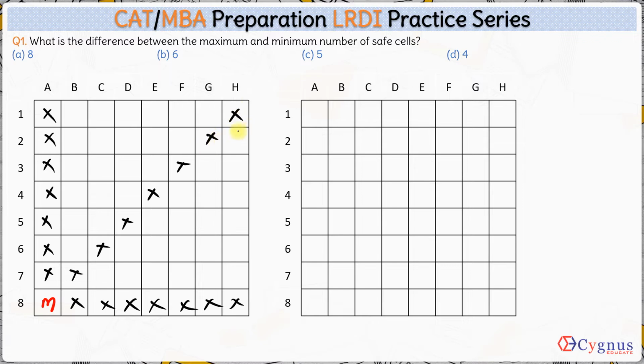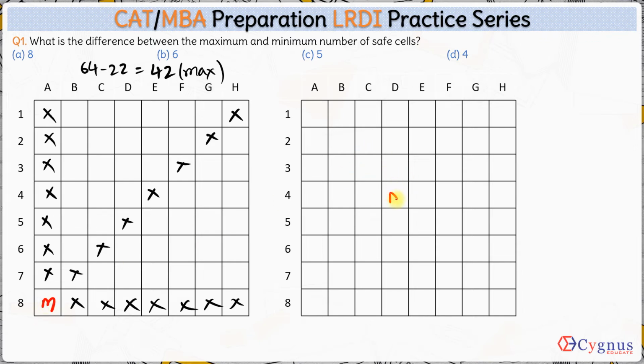How many unsafe cells are there? 7 plus 7, 14, 14 plus 7, 21, 21 plus this cell is also an unsafe cell, 22. So out of 64, 22 are not safe. So safe cells are 42, and this is the maximum number of safe cells because we have minimized the unsafe diagonal cells here, right? This is the case when the mine is placed exactly in the corner.